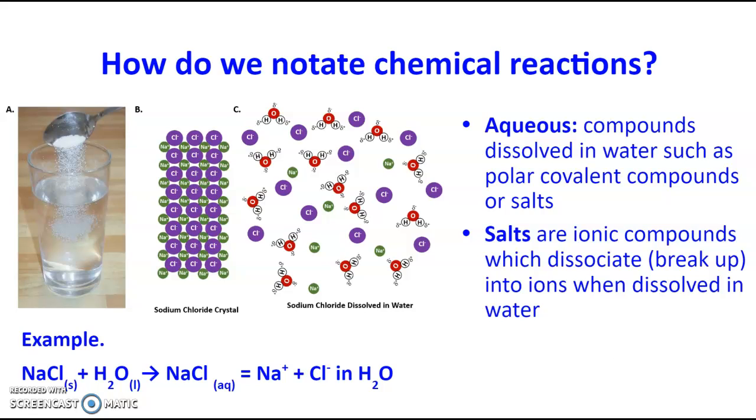So it's being shown on the large scale in A. And then B is the molecular view of the salt crystal, the solid salt, before it goes into the water. And then we would notate that as NaCl (aq). And that really means that we have Na+ and Cl- dissolved in liquid water.